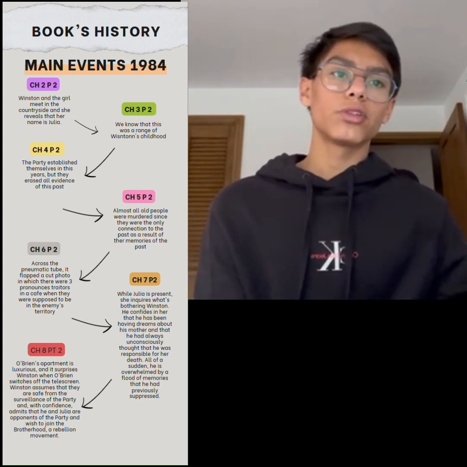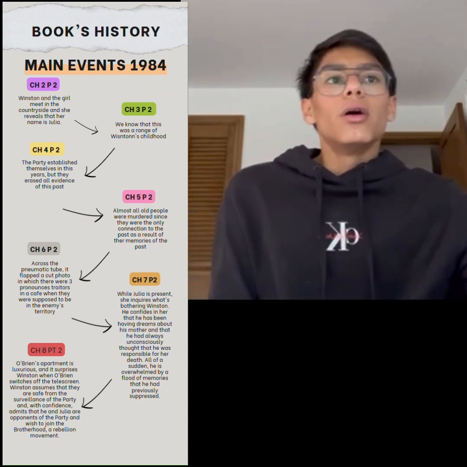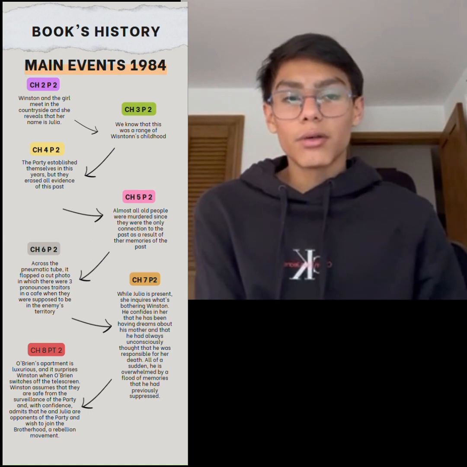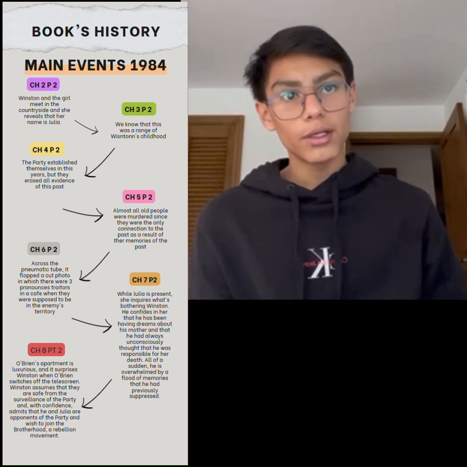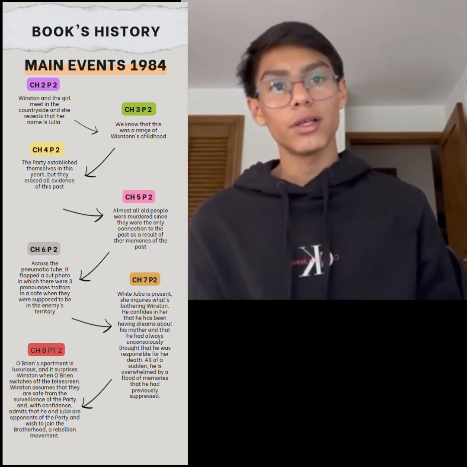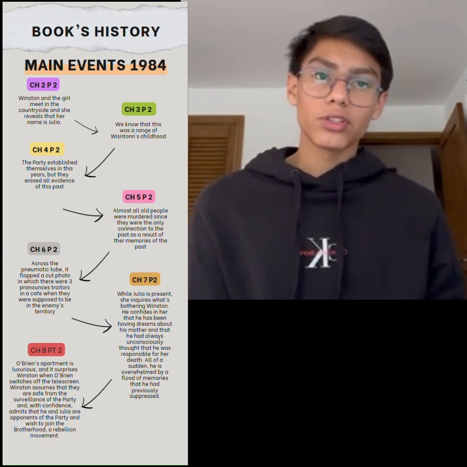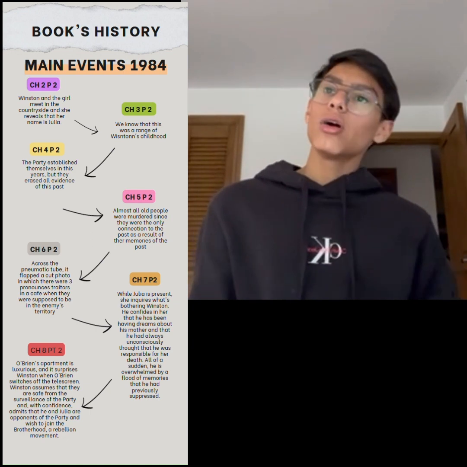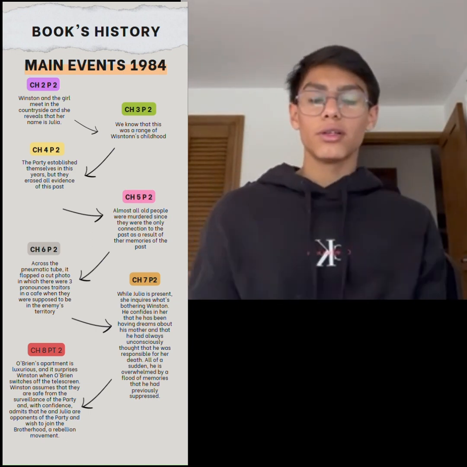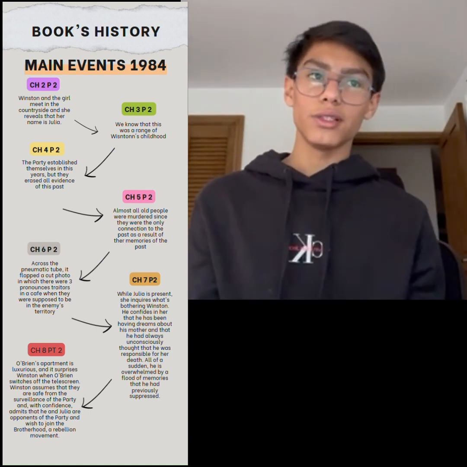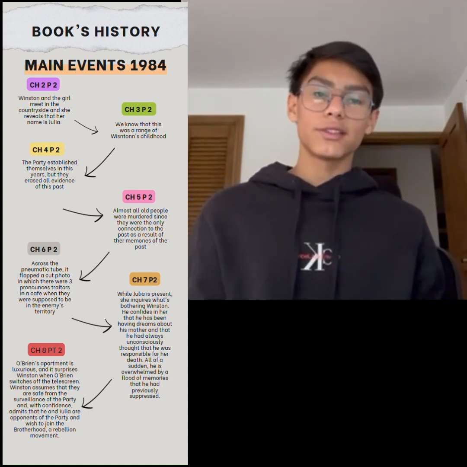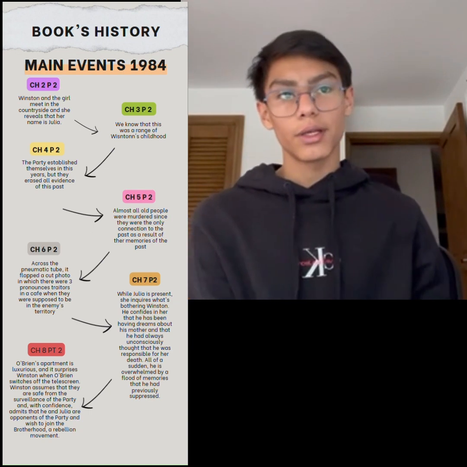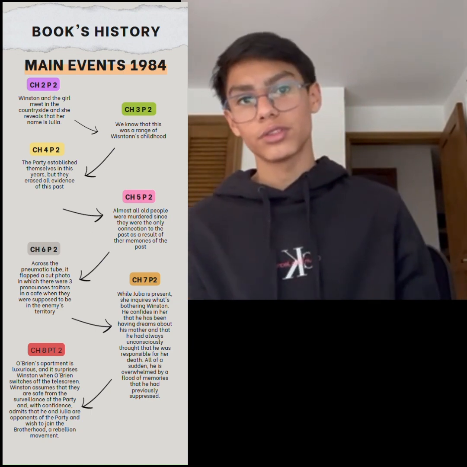Then we have in part 2, we are presented the relationship between Julia and Winston, how this love and actions are actually a type of conspiracy against the party. Also, we are shown the conspiracy organization named the Brotherhood, in which it is said that O'Brien is a part of it and invites Julia and Winston to join them.